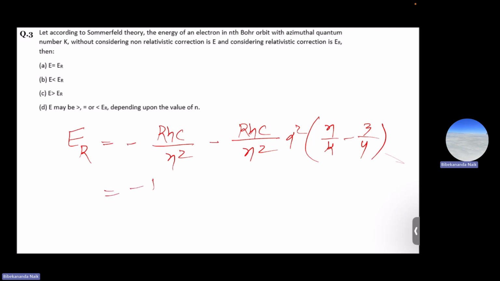So if you take minus RHC by n square as common, it is 1 plus alpha square times n by k minus 3 by 4.